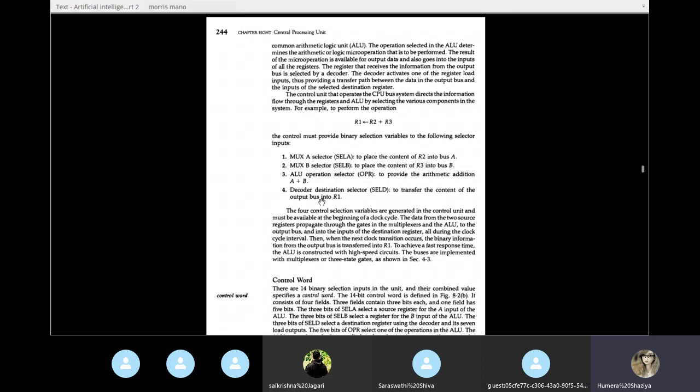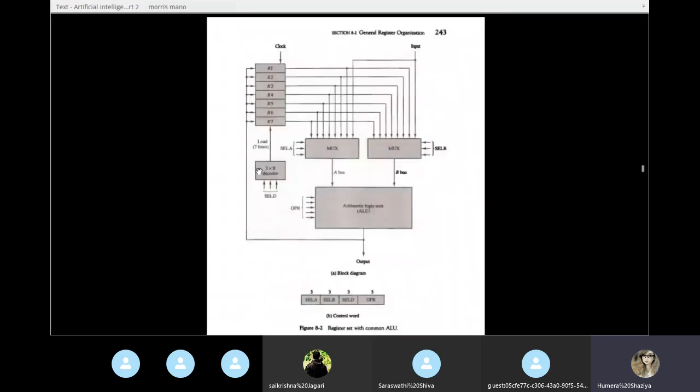So again let us go through this. This is bus A, this is bus B. The output of mux is known as bus here. Okay, so you have bus A, bus B, and this decoder output line, and then this control word contains plus in place of OPR, and for cell A, what it has to choose.